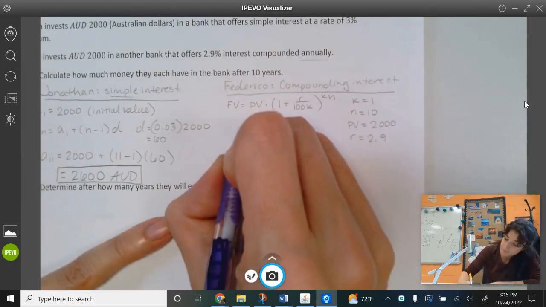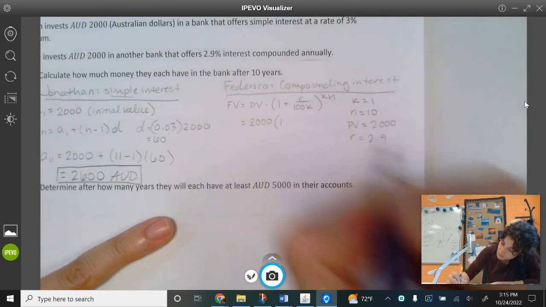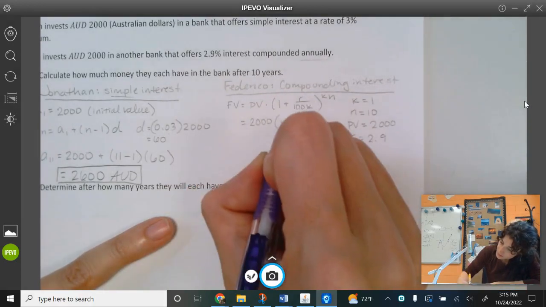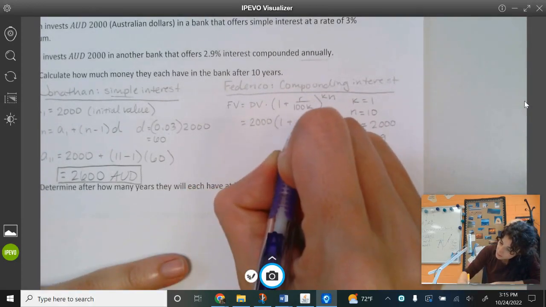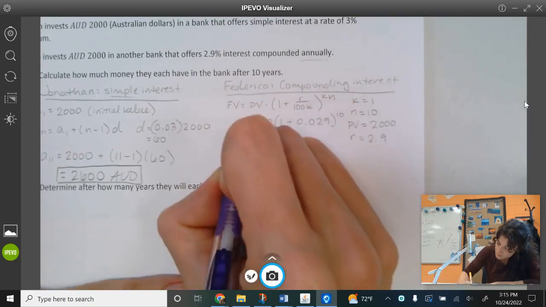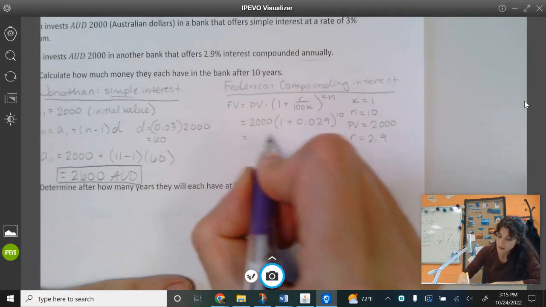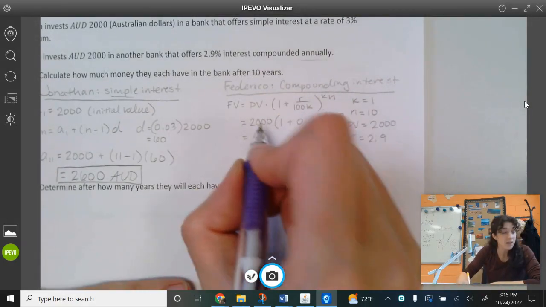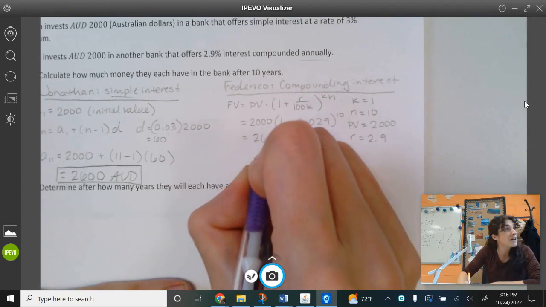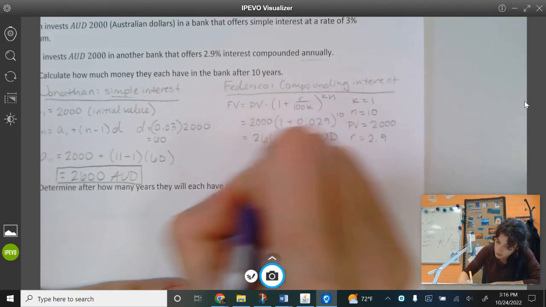So we would just leave it like that. We can go ahead and calculate that all out. It gives us 2,661.85 Australian dollars.